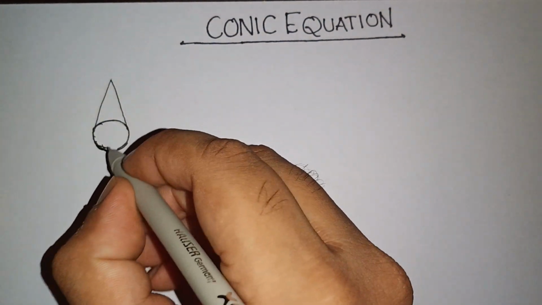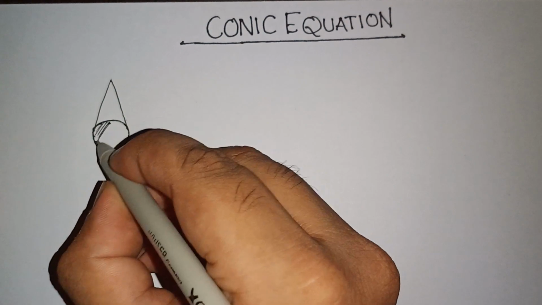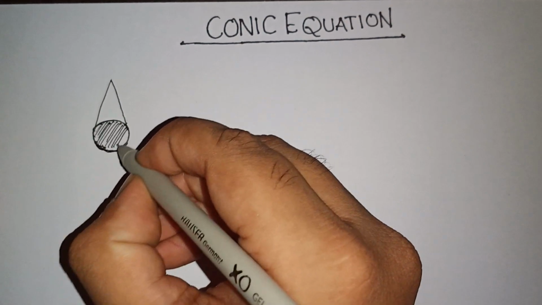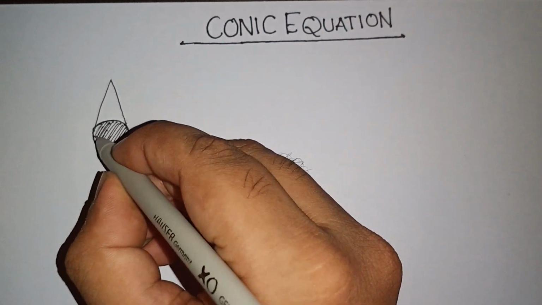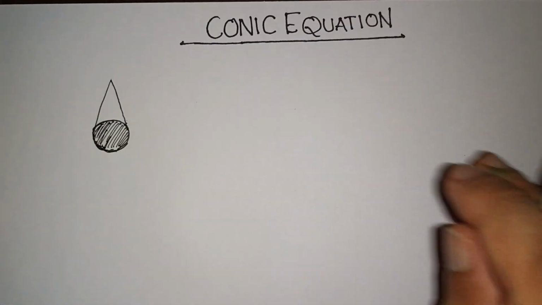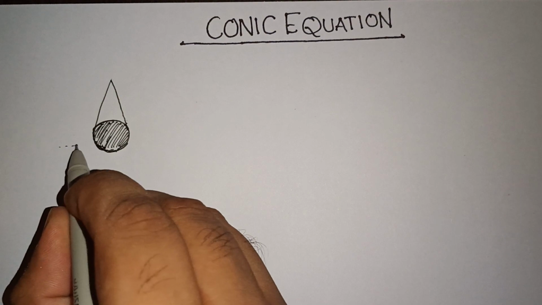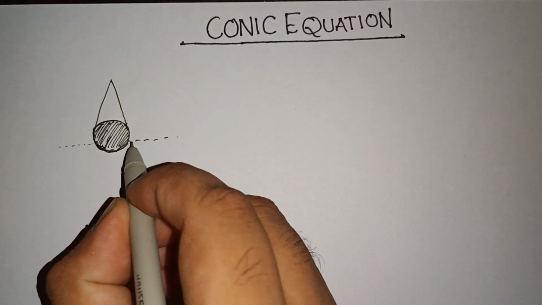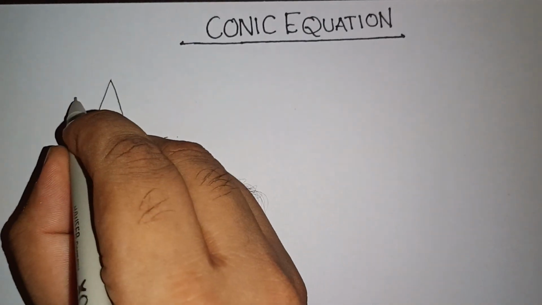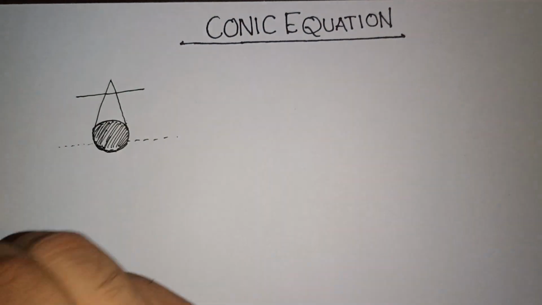Now let's say this is the circular profile. Let's say I'm going to cut this cone. Now I have a baseline. Parallel to the baseline, I'm going to give a cut with a knife or something.